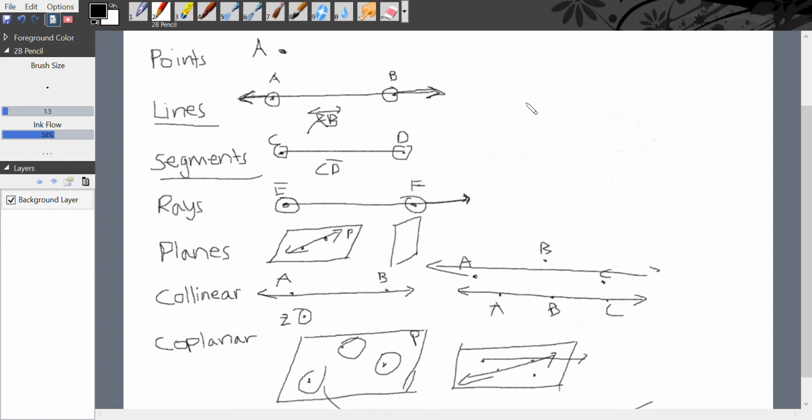Well, the answer to that is that I could, for example, draw a plane right here. I'm going to call this plane P again because why not? We're going to draw another plane right here. We're going to call this plane Q. So these 2 planes intersect at this line right here.